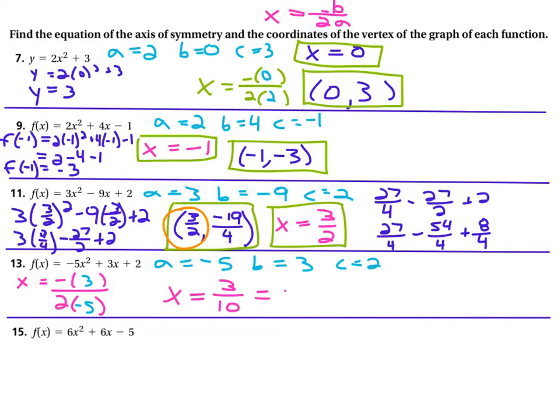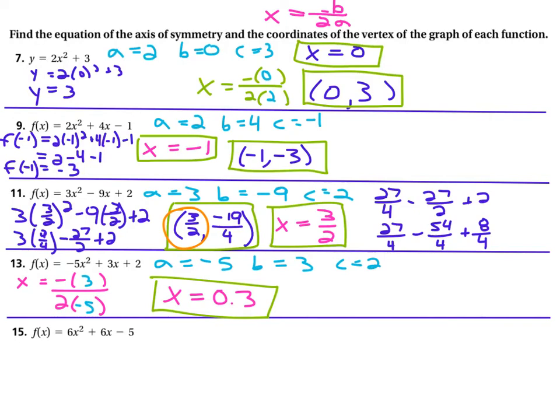Otherwise known as, because you can see it in the answers, 0.3. So that's what x is. That's the equation for the axis of symmetry. So actually, let me just erase the 3/10 and put 0.3, keep it as an answer that they have. This is an equation of a perfectly vertical line at x is equal to 0.3, part of the way between 0 and 1.